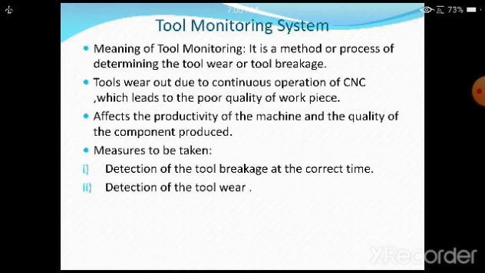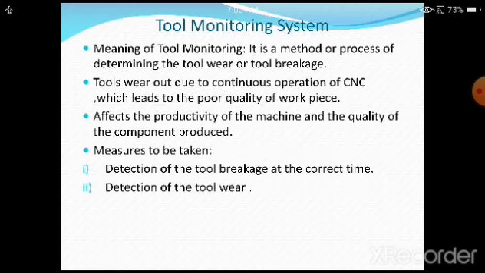The main purpose of a tool monitoring system is determining tool wear or tool breakage. There are two important concepts here. The tool can be subjected to wear because of continuous machining operation, and due to continuous operation the tools may also break.